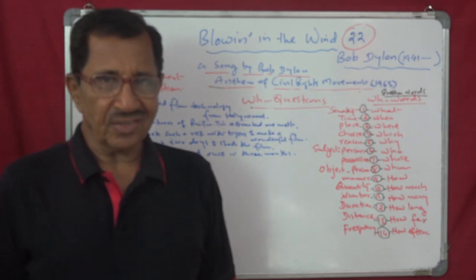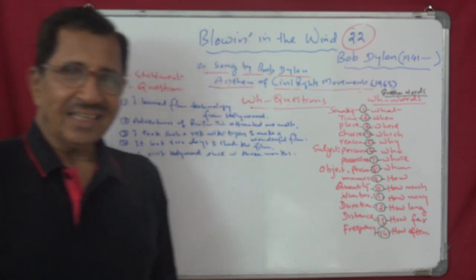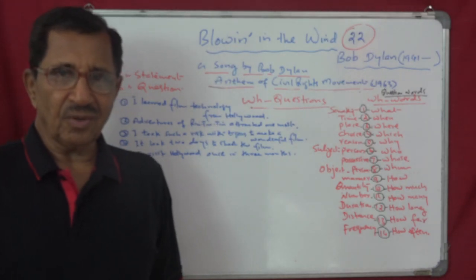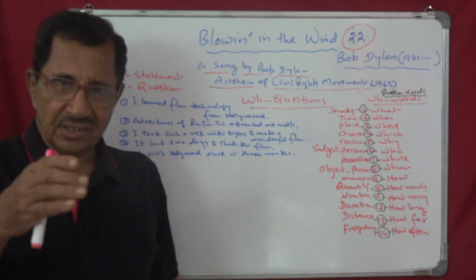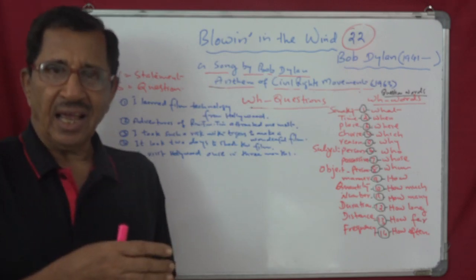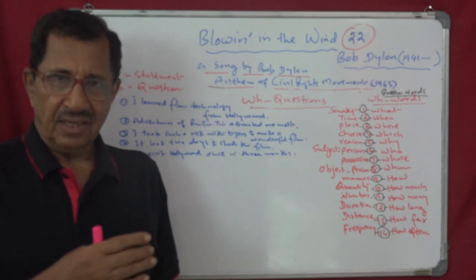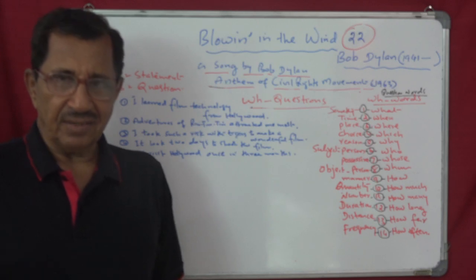Now let's go back to the question making program. In the yes or no question you found, all what you have to do is, if it is an auxiliary, you just take the auxiliary and put it in front of the sentence. He was going, was he going? Very simple.